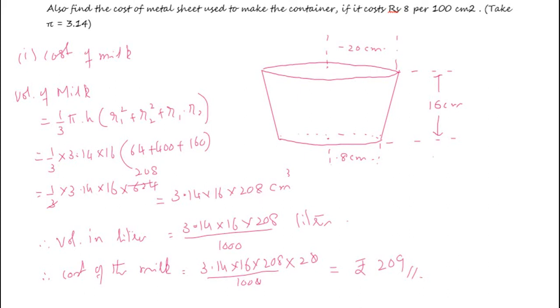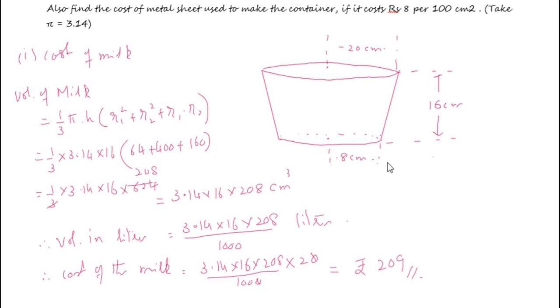We need to find out also the cost of the metal used. In this case, the top portion of the container is open. So you need to add curved surface area CSA and the bottom surface area.